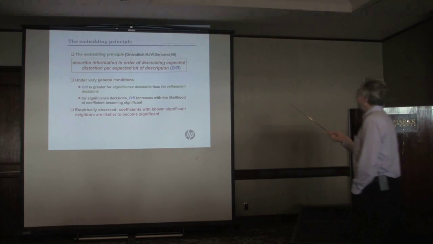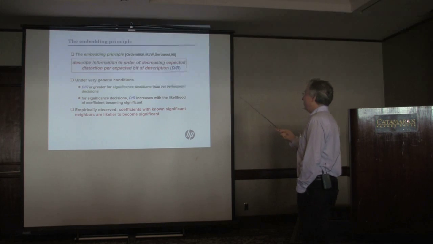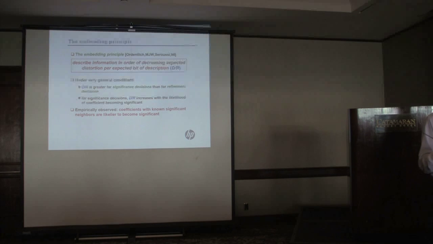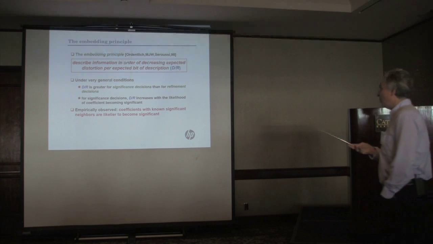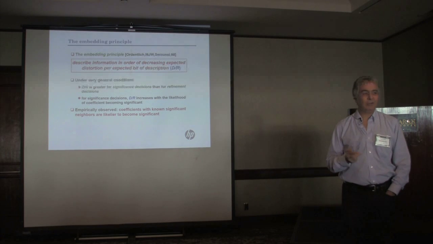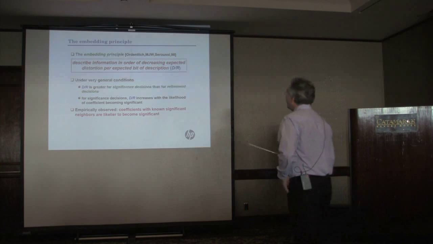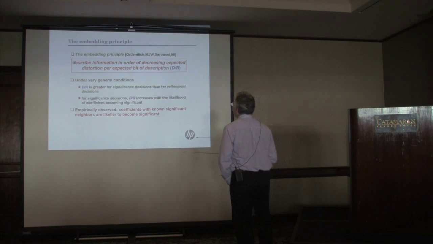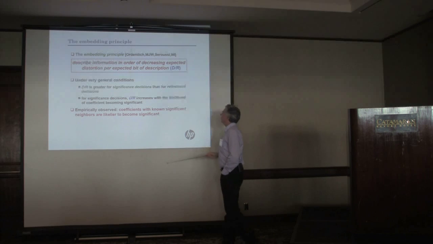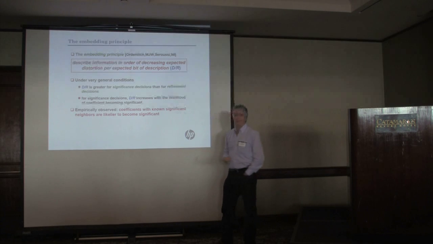Now, if you have an expected distortion and expected description, first of all, what you need is probability on your data. So you need to model your data, much in the same way that you have to do it in lossless image compression. We were able to show that under very general conditions, this expected distortion per expected redundancy is greater for significance decisions than for refinement decisions.